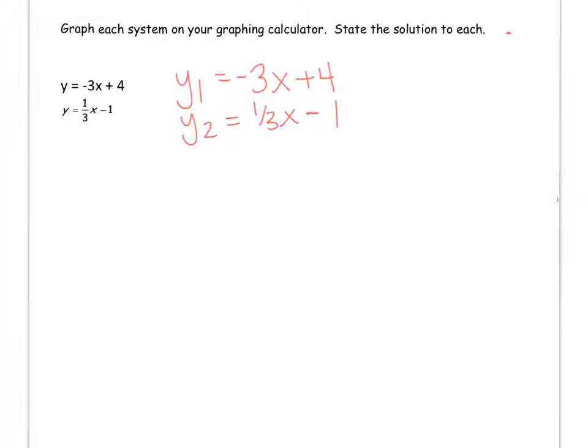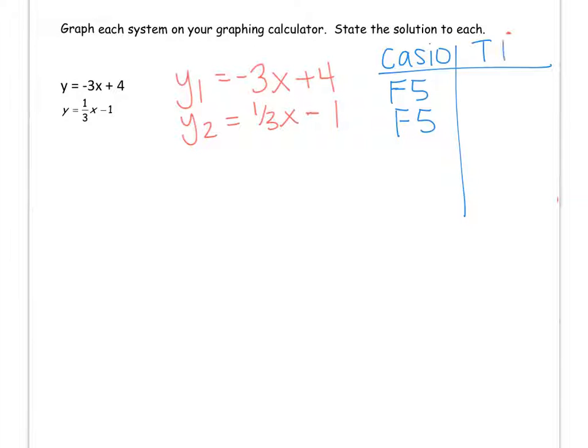Okay, so remember, if you have a Casio, once you graph your two lines, you'll see where they intersect. You'll press F5 for solving, G-solve, and F5 for intersection, and you'll find your intersection.